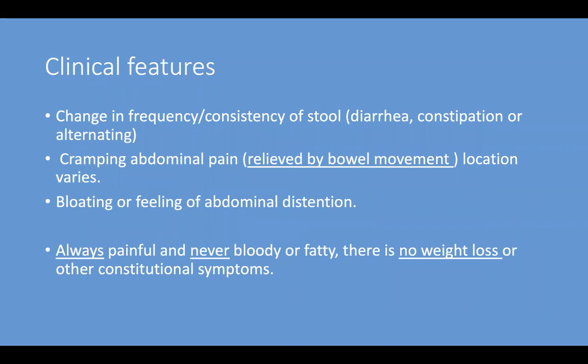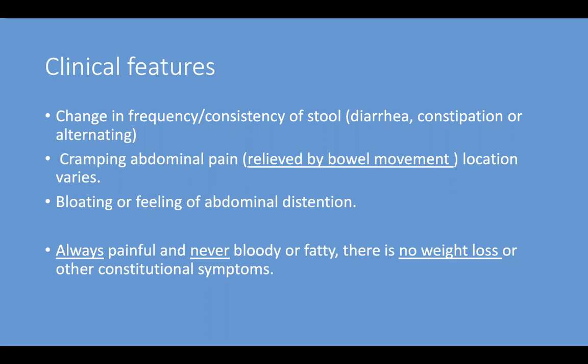Clinical features. So if a patient presents with a change in his frequency or consistency of stool, diarrhea, constipation, or alternating, this is one of the clinical features. Cramping abdominal pain, and it is important to say, is it relieved by bowel movement or not? Location varies. So as we know, if a patient presents with abdominal pain, we take a thorough history asking about many things.